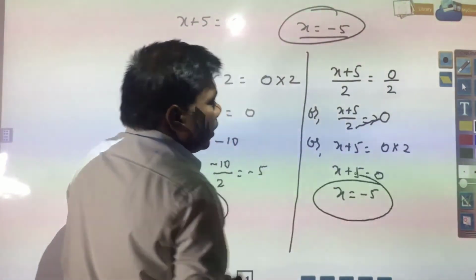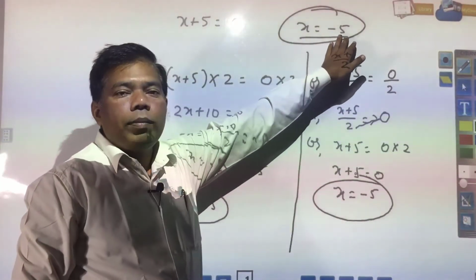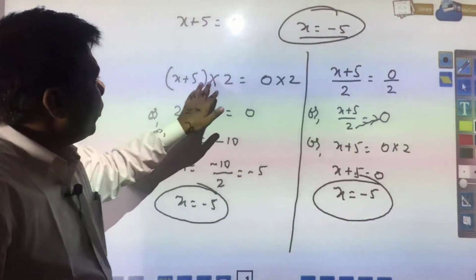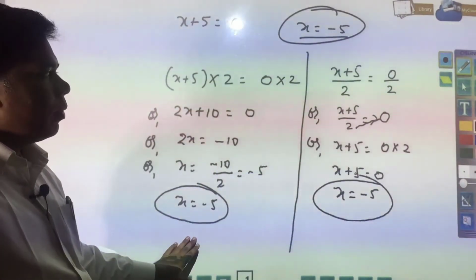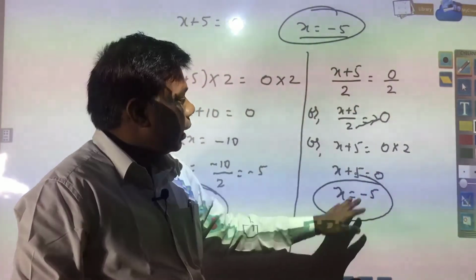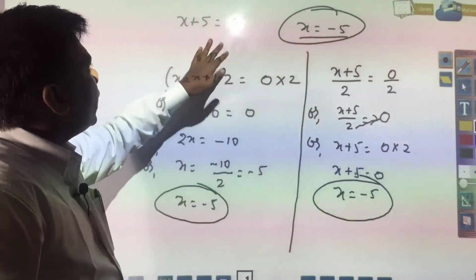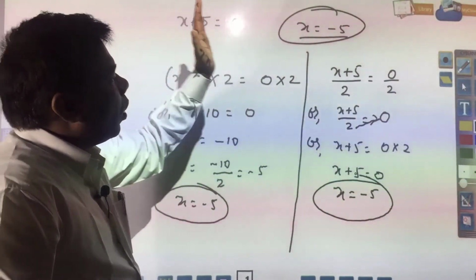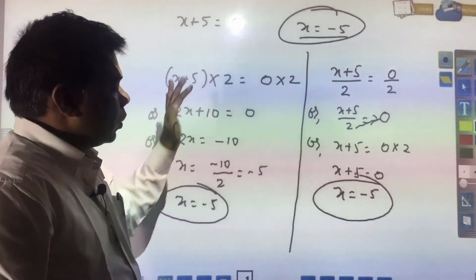So, in these three cases, in the original form x is equal to minus 5 we had. When we are multiplying by 2 both sides, x is equal to minus 5 we have got. When we are dividing both sides by 2, again we have got x is equal to minus 5. What it shows? It shows that if you are multiplying or dividing both sides by the same number, it is not being affected.